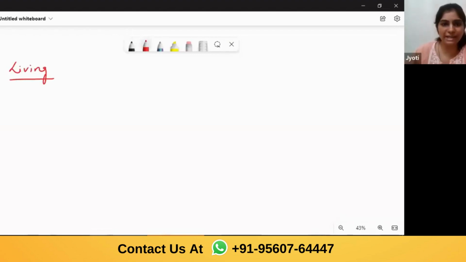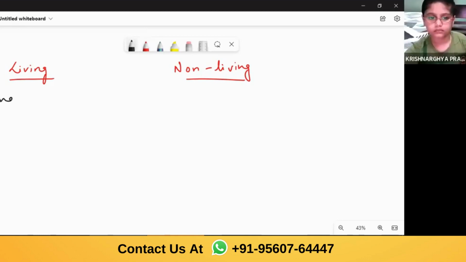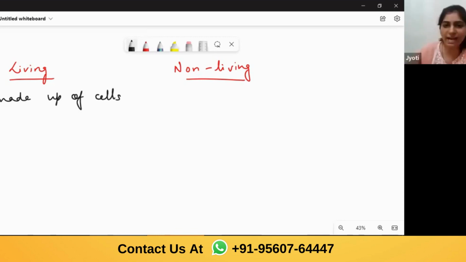So one is living. If I compare it with non-living, I hope you know all the examples of living and non-living. Living is like we are living. Non-living is like the table, the mobile. So if we see the characteristics of living, they are made up of cells, whereas non-living is not made up of cells.